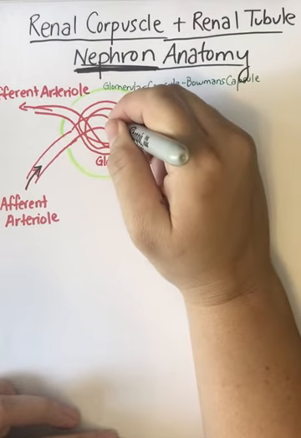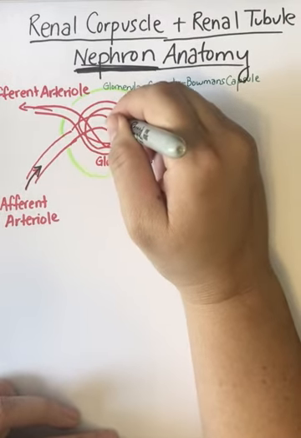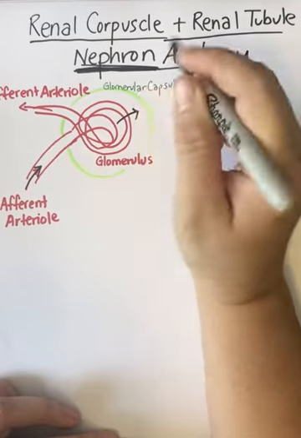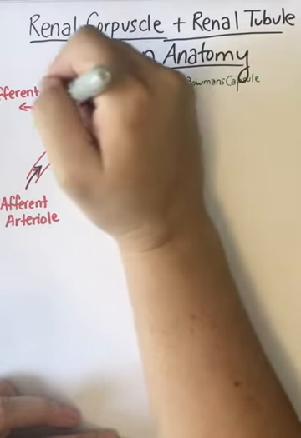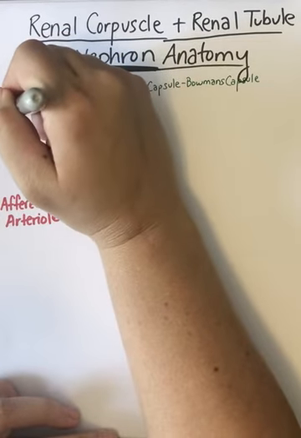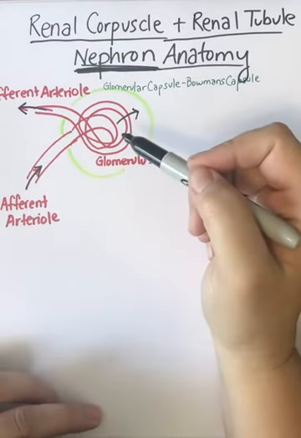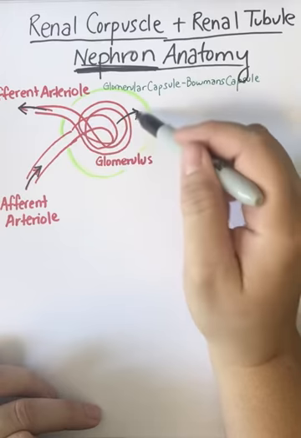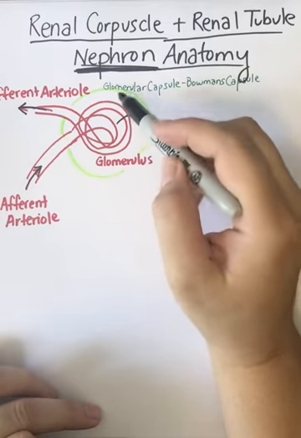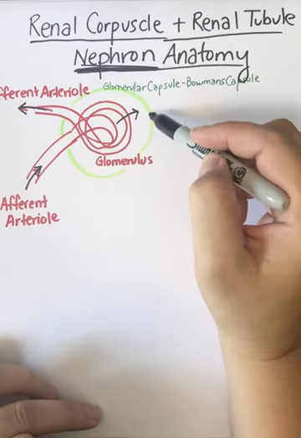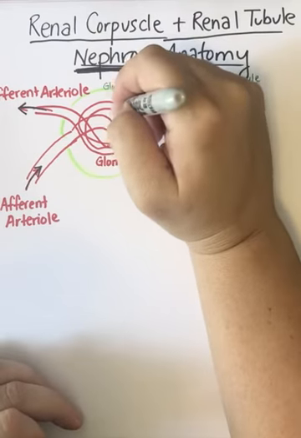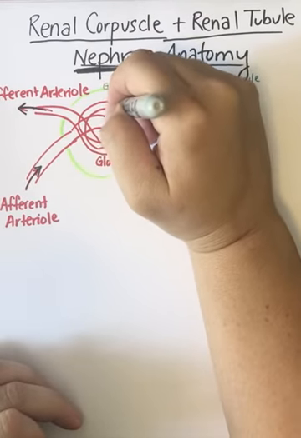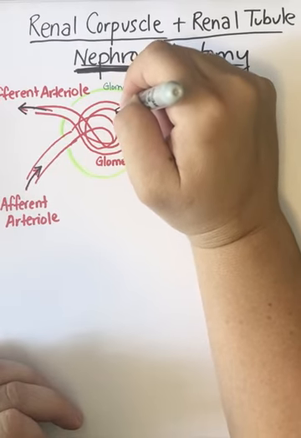Now, some of your blood is going to be filtered out, it's going to be pushed out, that's called your filtrate, and then some of it is actually going to continue and it's going to exit and leave the efferent arteriole. So we're filtering our blood at the renal corpuscle, which includes the glomerular capsule and the glomerulus. Now, your filtrate, that's what's being produced, is going to be called your urine.